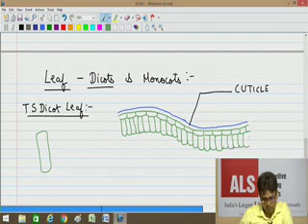Long elongated cells. After this, we are going to draw a special structure called the bundle sheath.